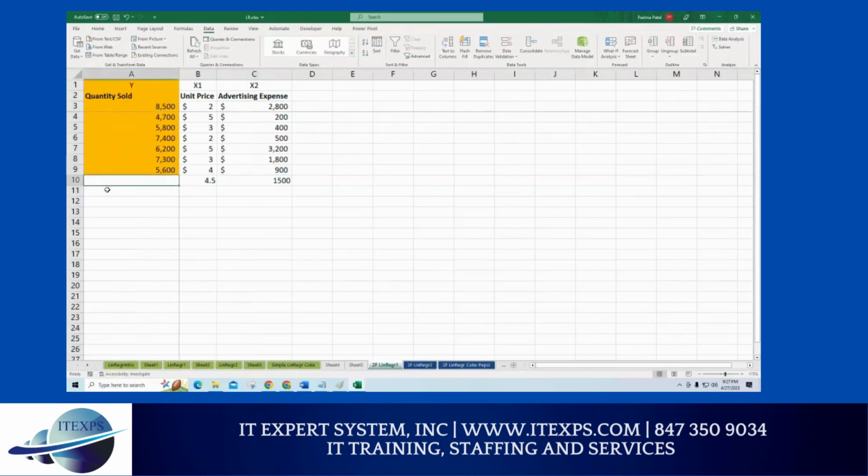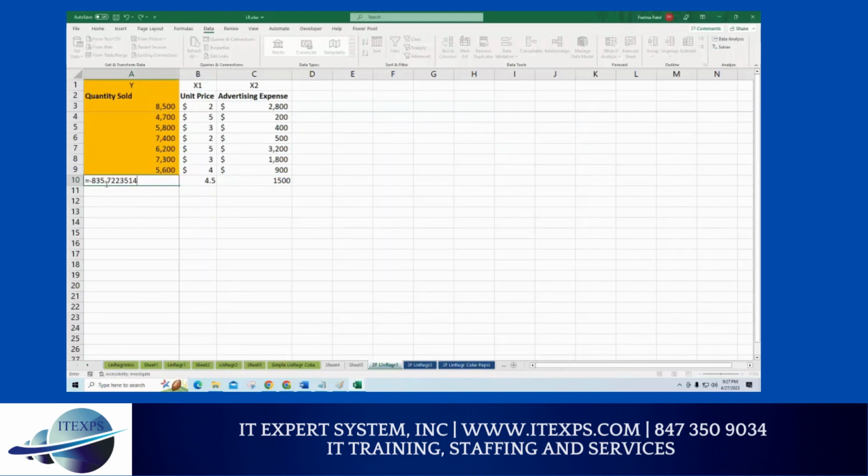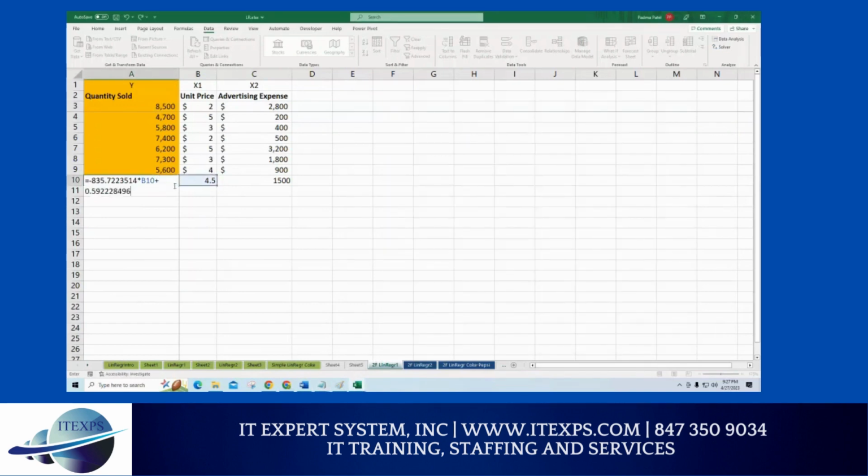So I'll say equals M1, which is this one. So I pick the M1 value times X1, which is this one, plus M2, which is this value, times X2, which is this value, plus C, which is this value.